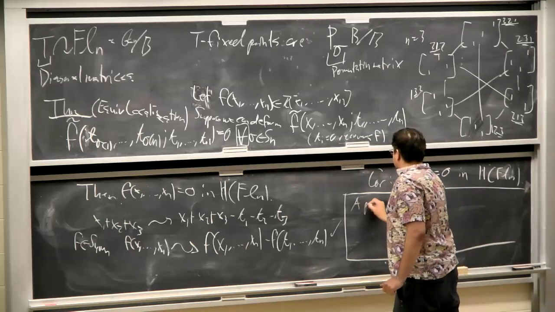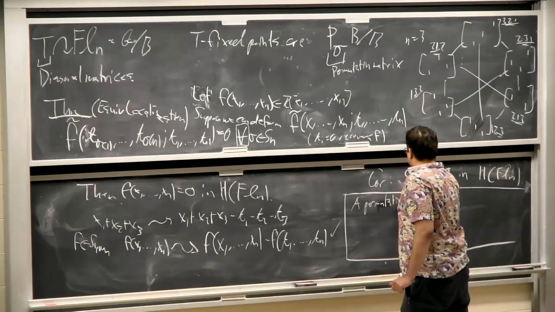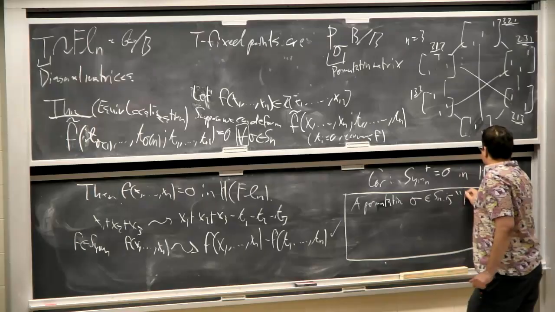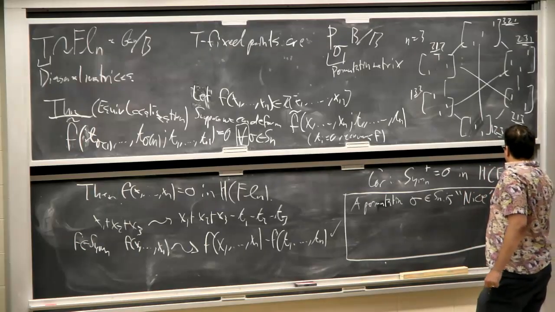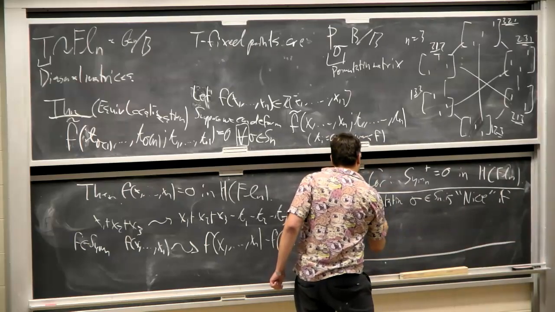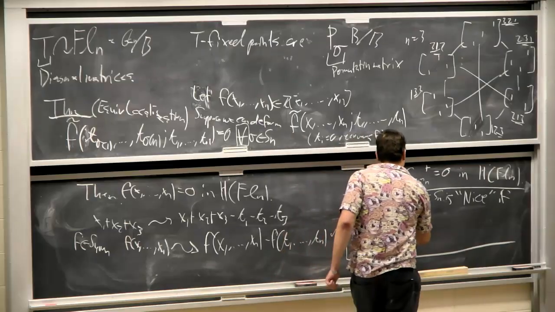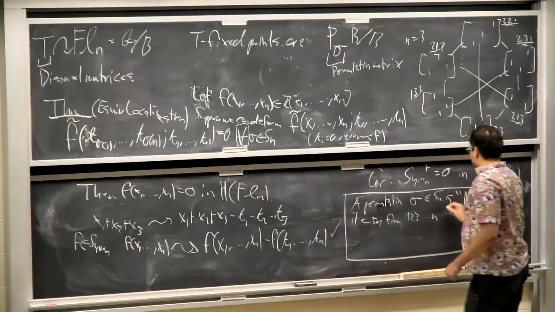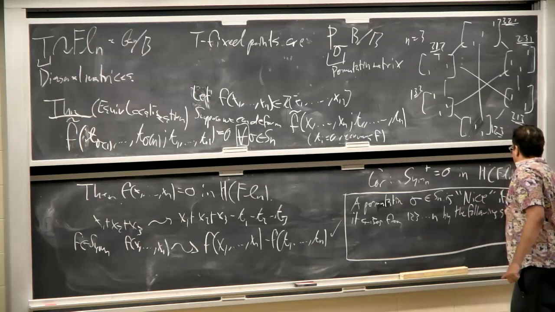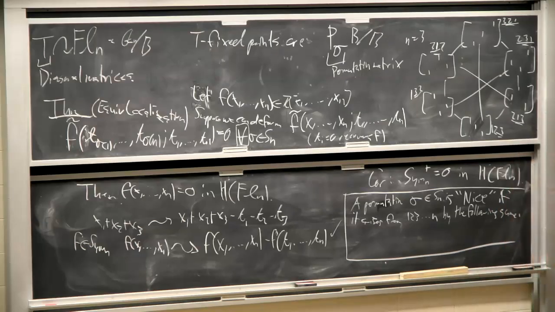So a permutation sigma in Sn is nice if it arises from 1, 2, 3, up to n by the following game. So the game is going to be this. I'm going to tell you the moves you're allowed to do, and then we're going to start at the identity and do moves in all possible ways and see what we get.